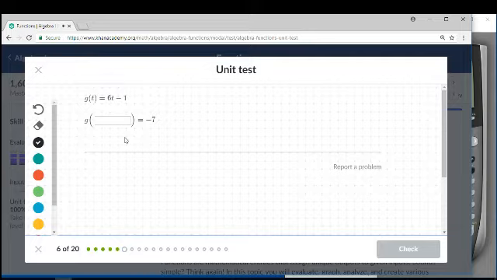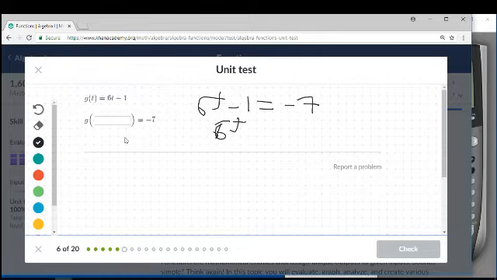When g of t is equal to 6t minus 1, essentially we set this up by having 6t minus 1 equals negative 7, so 6t equals negative 6, so t equals negative 1.